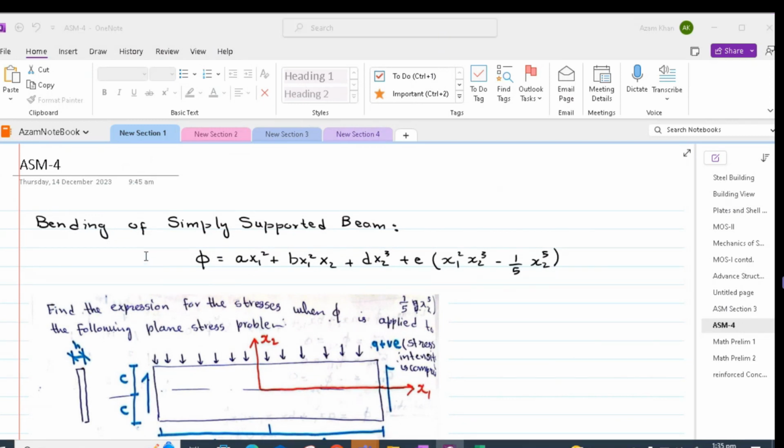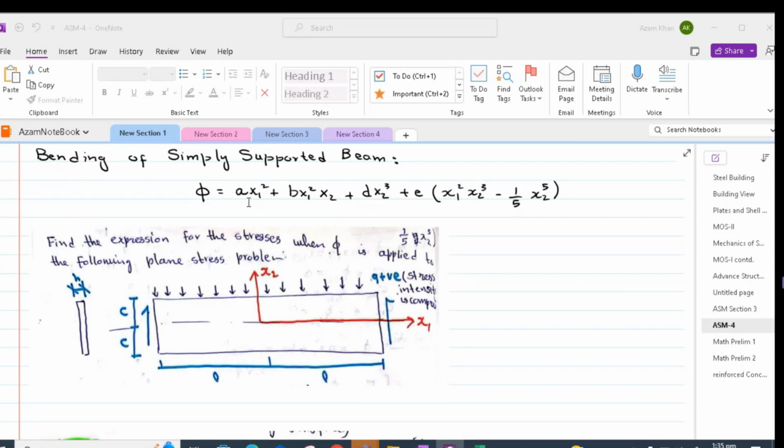In this problem, we are given a stress function which is equal to a x1 square plus b x1 square x2 plus d x2 cube plus e small bracket x1 square x2 cube minus 1 by 5 x2 to the power 5. This stress field is applied on the problem shown over here.